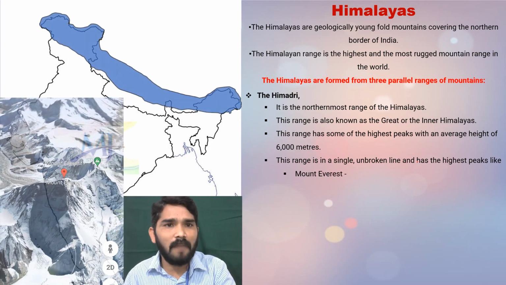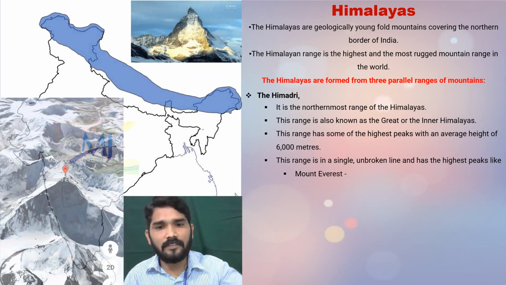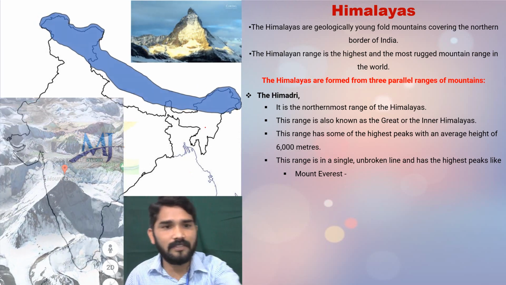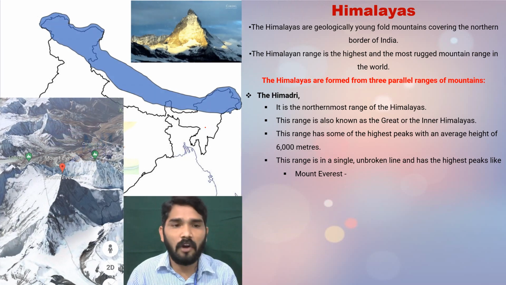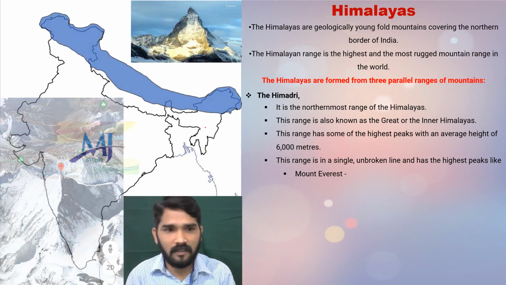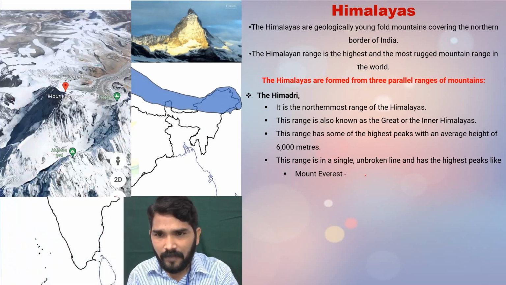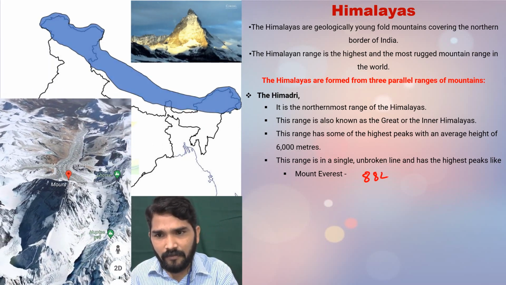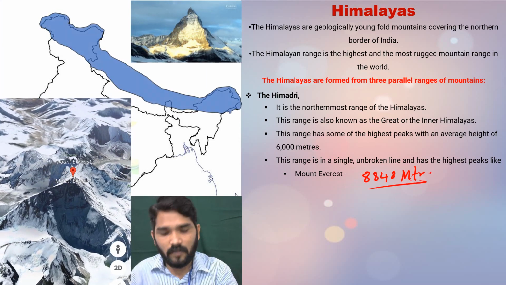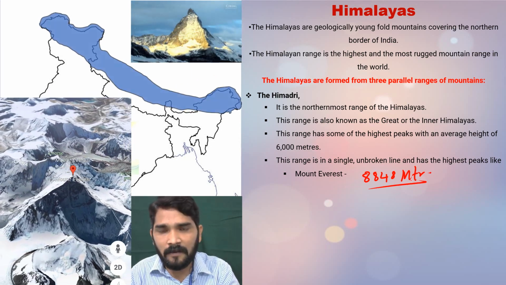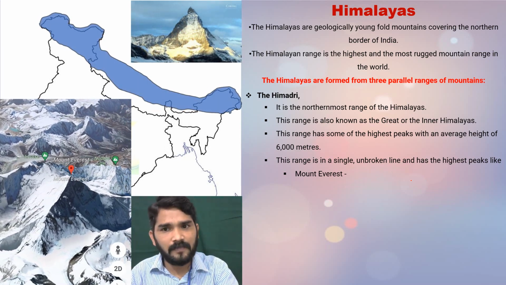It has peaks like Mount Everest. Mount Everest is the world's highest peak, followed by the Kanchenjunga. It is around 8,848 meters above sea level. So that's the current elevation of Mount Everest.